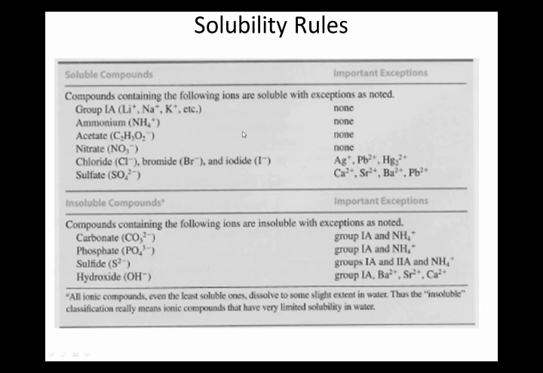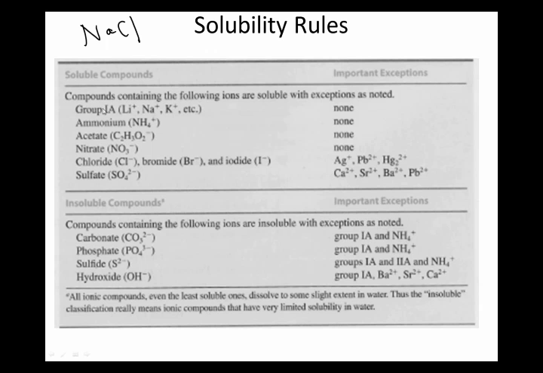Okay. So here's how you read the chart. If you want to know if an ionic compound is soluble in water or not, so this is specific to solubility in water, not other solvents, you try to find one of the ions in the compound on the left side of the chart. So if I give you sodium chloride, NaCl, you would look and find, oh, sodium right here, group 1A.